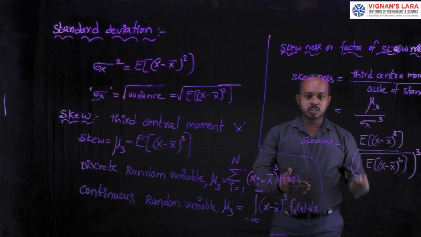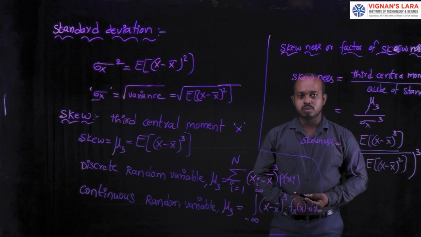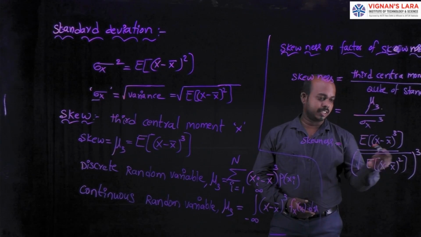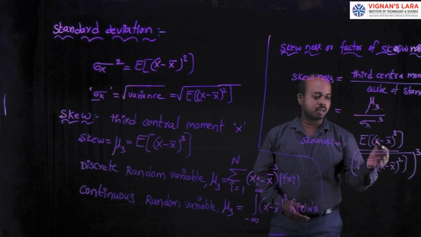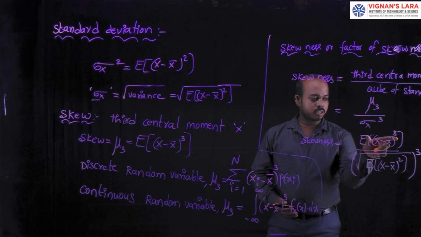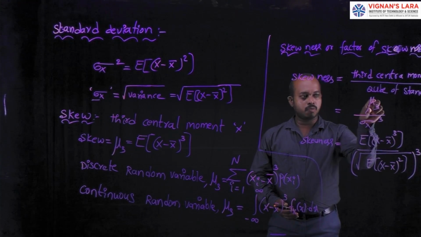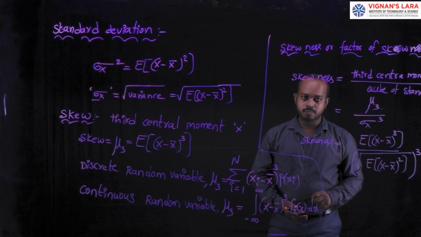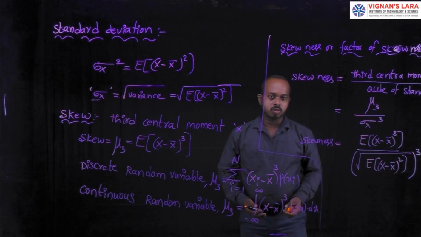Then I represent the equivalent values in expectations: the expectation of x minus x bar whole cube. This represents the third central moment of a random variable x divided by the standard deviation.